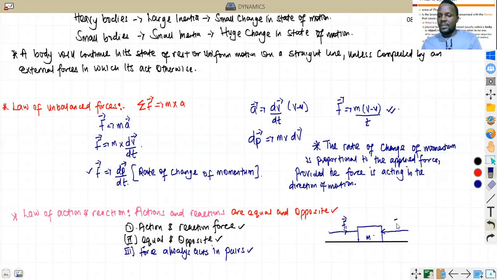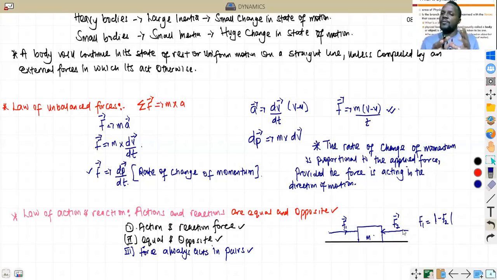Now, you can see the direction of the forces, my dear students. The forces are not acting in the same direction. This is an inward force applied to the body, then the other force is coming. So we say F1 is equal to the modulus of negative F2. I hope you understand why negative is coming. The negative is talking about the direction of the force. The direction of that force is not the same as the first force.